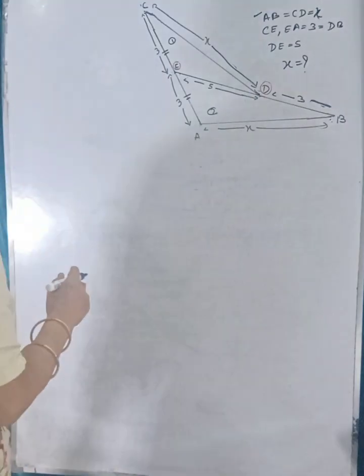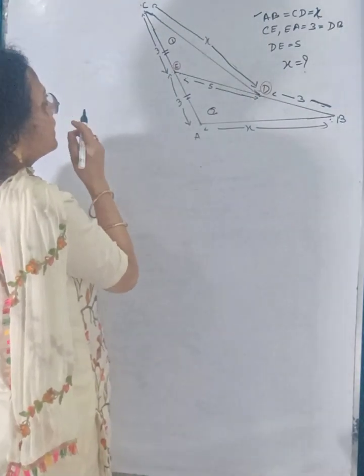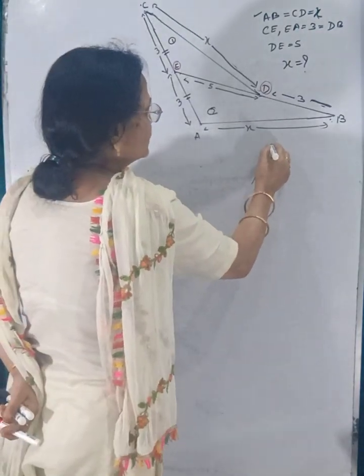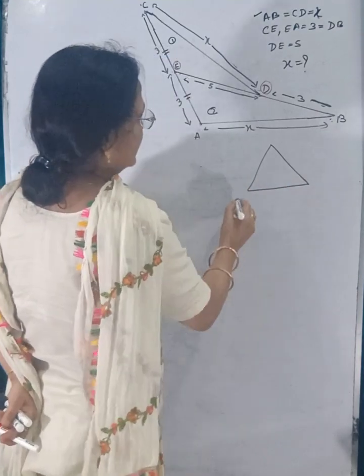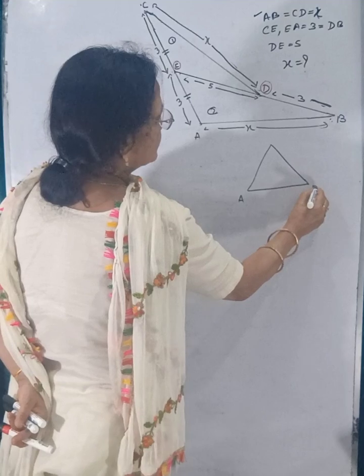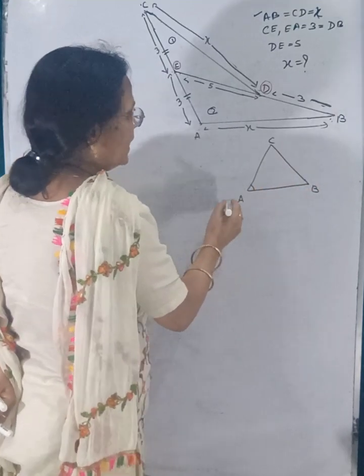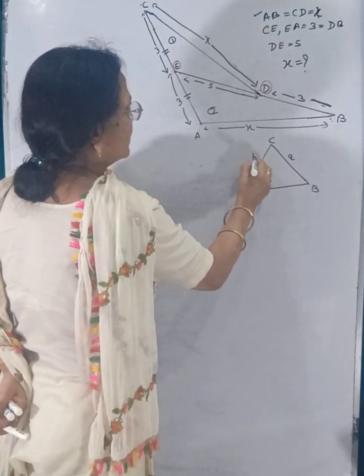Okay? See how can we do it? How to solve it? In 11th, a formula will be applied in which we have a triangle ABC. In front of angle A, this arm is known as a. In front of angle B, this arm is b.